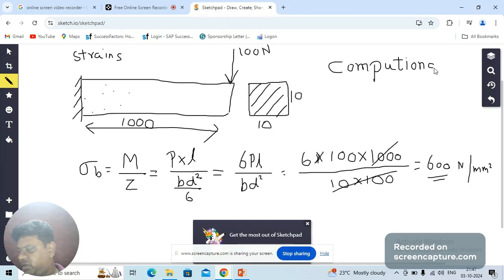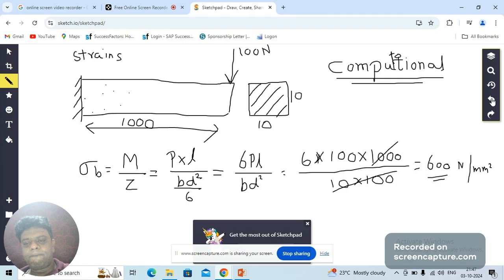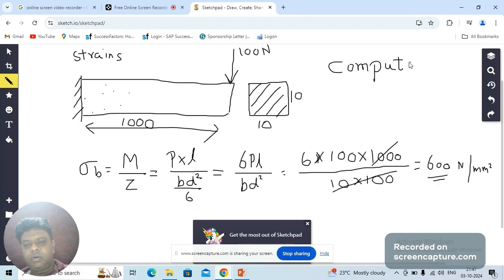Any way of analyzing the given problem using a computer, we normally call the computational method.